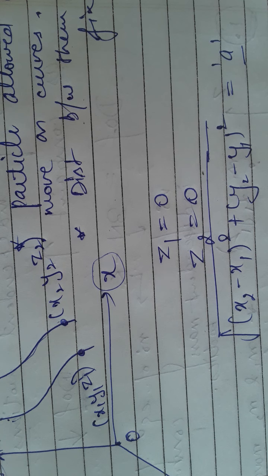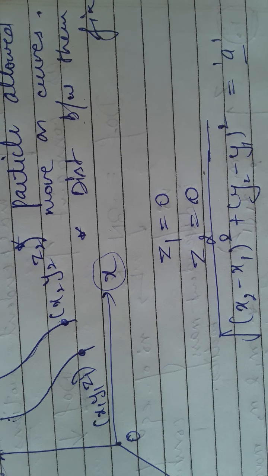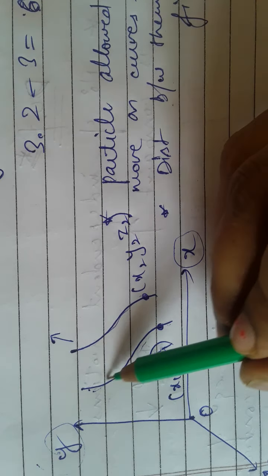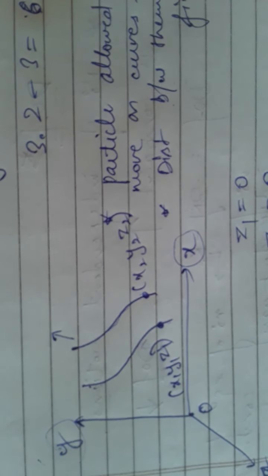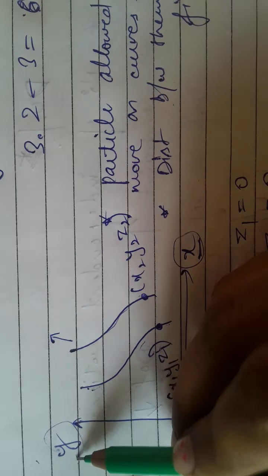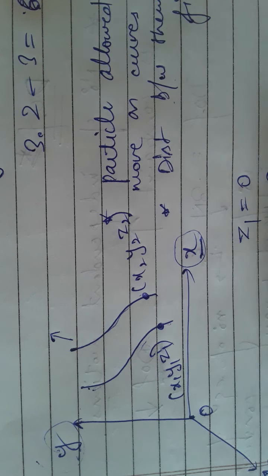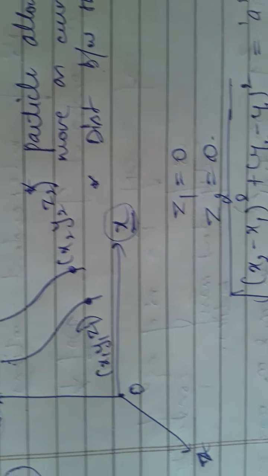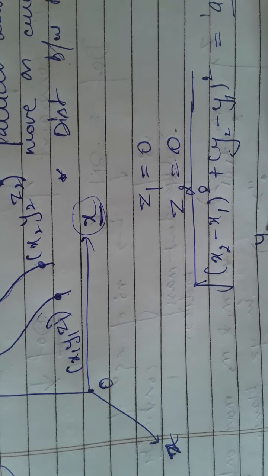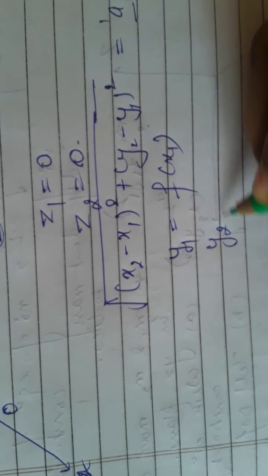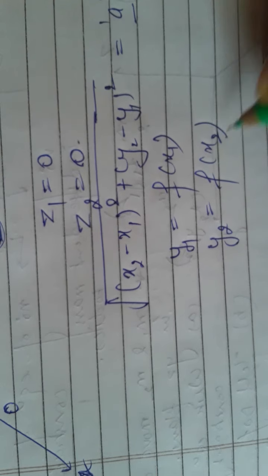And one more thing it is said that they are moving on these curves. These curves are drawn here. So there will be some relation between x and y, some dependency, then only we can draw the curve like that. So y1 will be some function of x1 and y2 will be some function of x2.